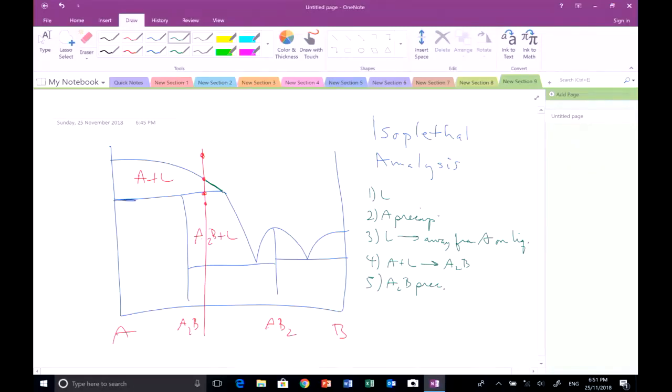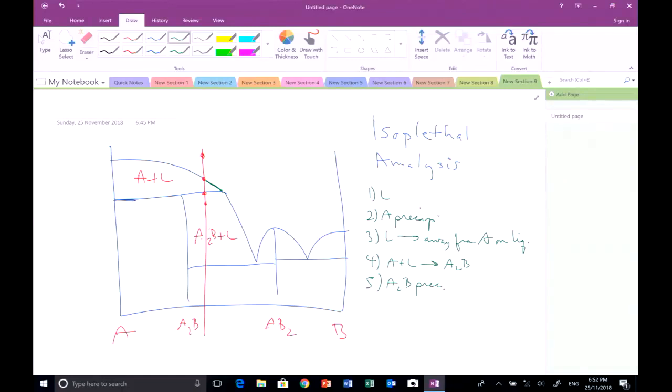Did I precipitate A as the first precipitate? The primary phase? Did I precipitate A, the first thing to precipitate? The primary phase? Yes or no? Did I do that?